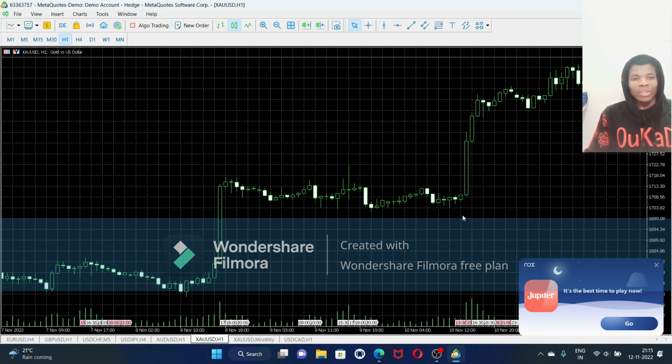Because you're taking a risk, it might go up or down. Put your stop loss just below. Put your take profit 2 times your stop loss. Your take profit should be 2 times or 3 times, but 2 times is recommended. It means that if you lose $2, when you win that trade you will make $4.